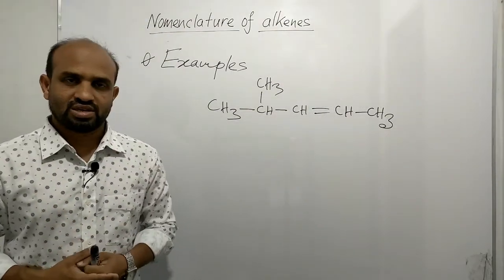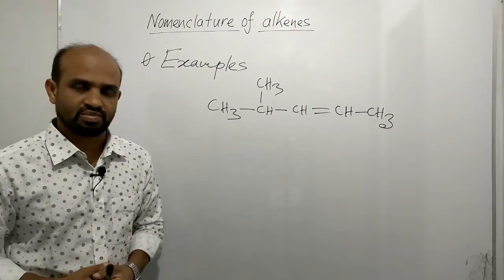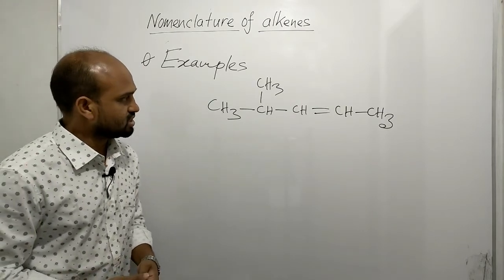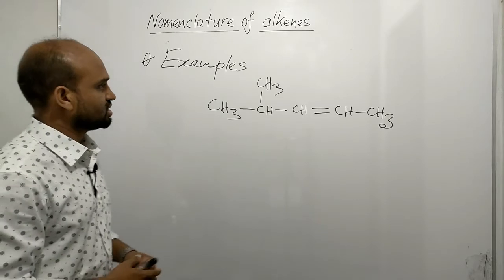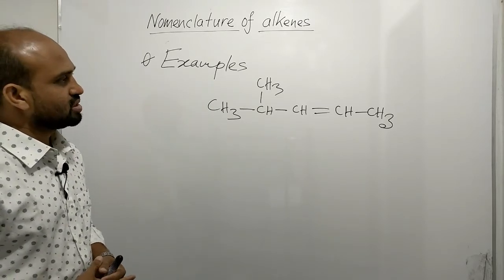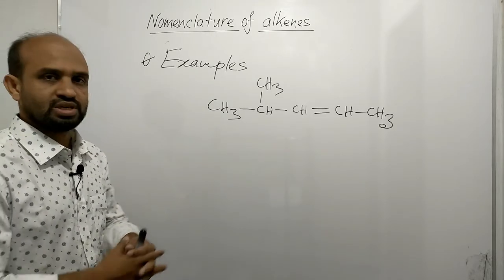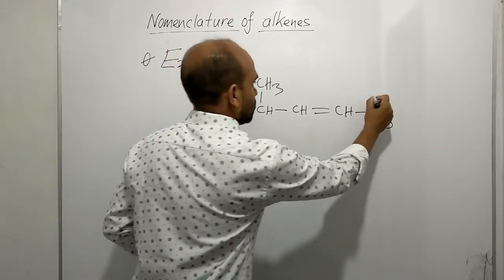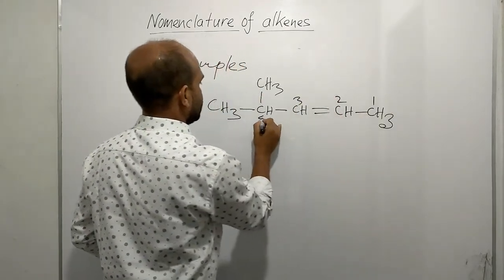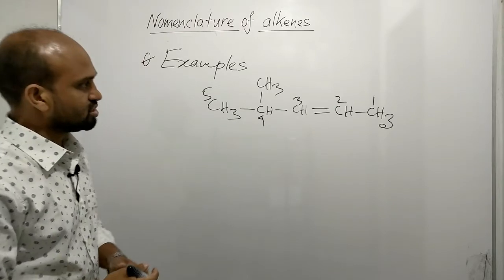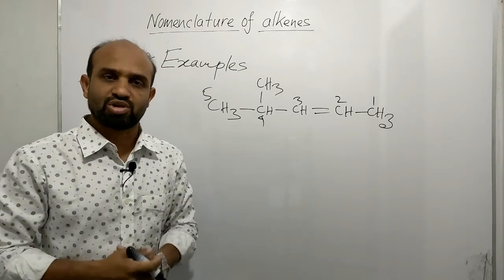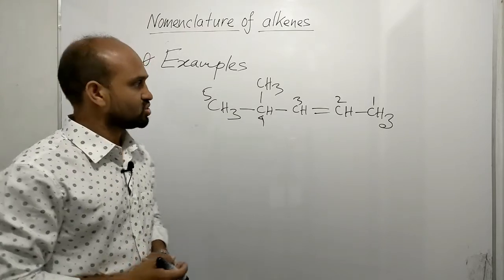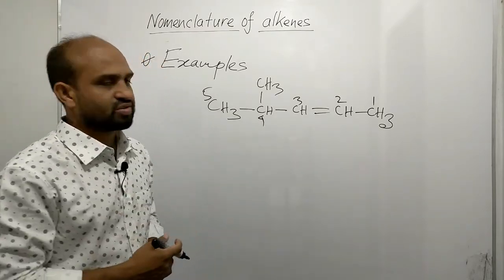My dear students, let's see what is its name. First of all, the carbon atoms of this compound are numbered, and the numbering must be from the right, 1, 2, 3, 4, 5, because the functional group here, carbon-carbon double bond, it is prioritized in numbering, so it must be from right.